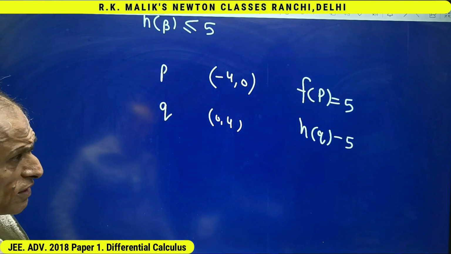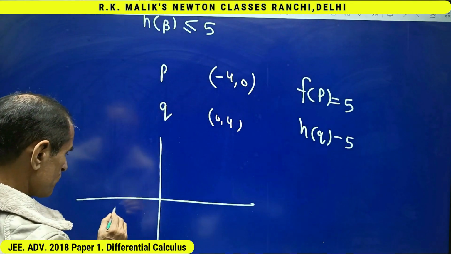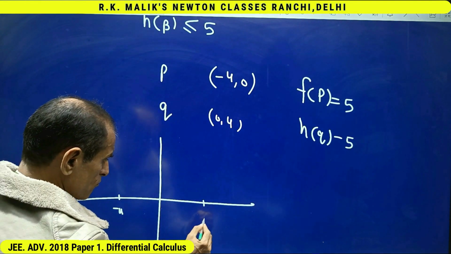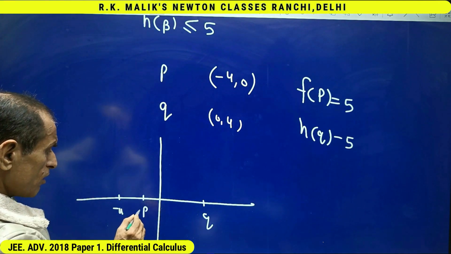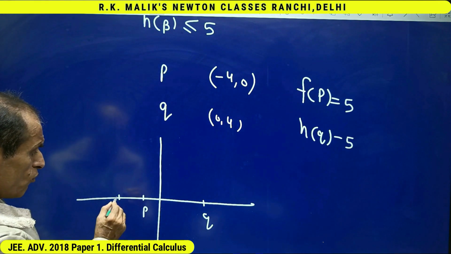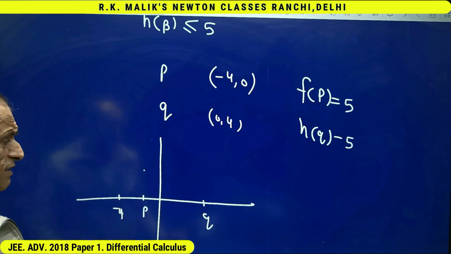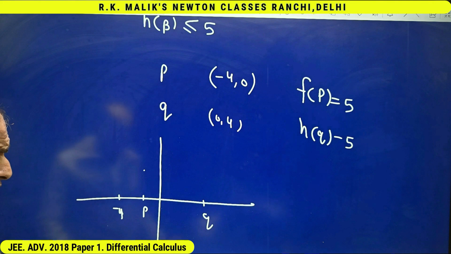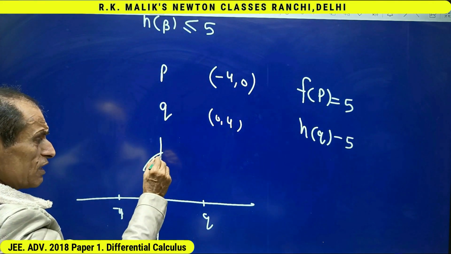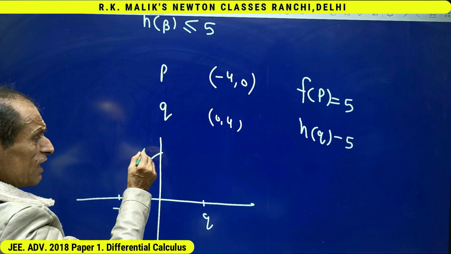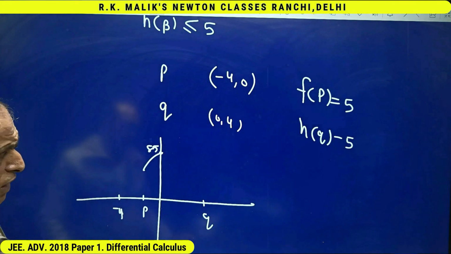And here I am supposing that P is the last number while going from -4 to 0 where the function has attained height 5, and that is, after this point the graph is going on increasing and reaching the height 85 because h0 is 85.